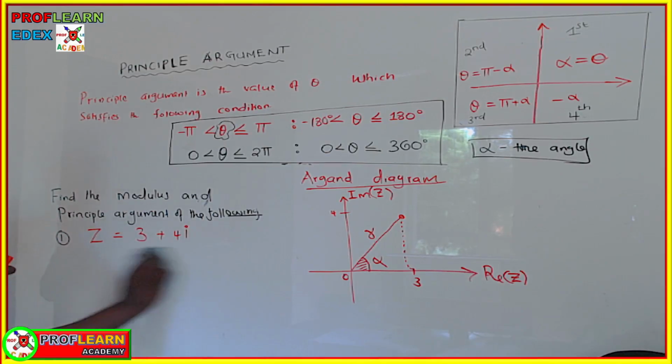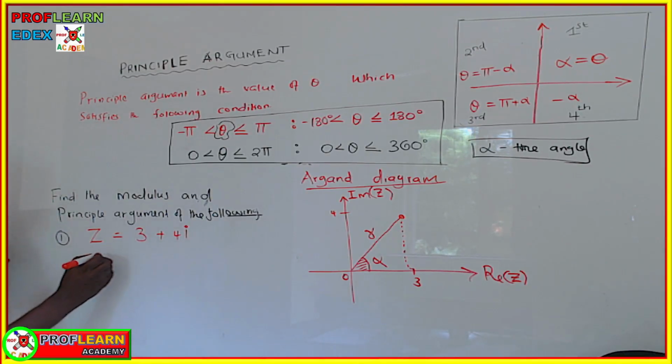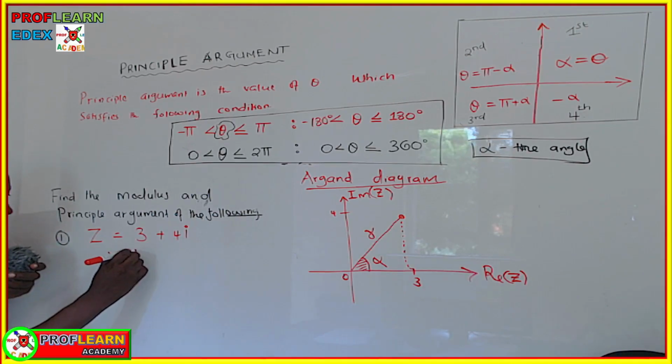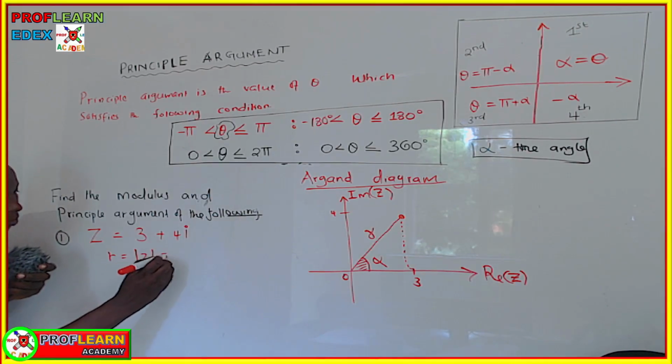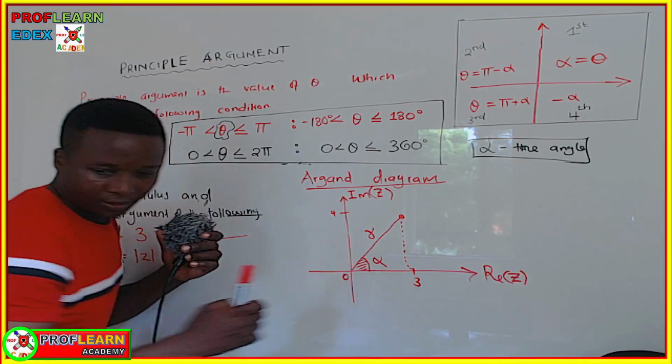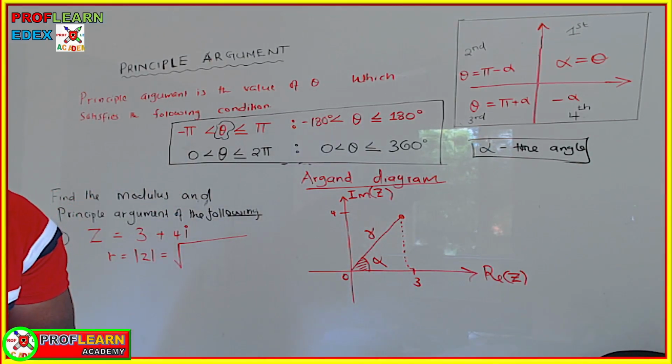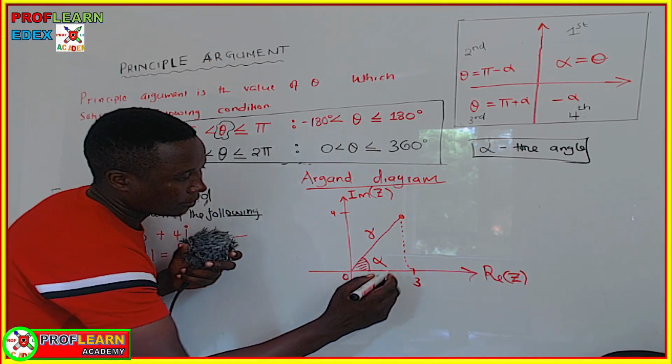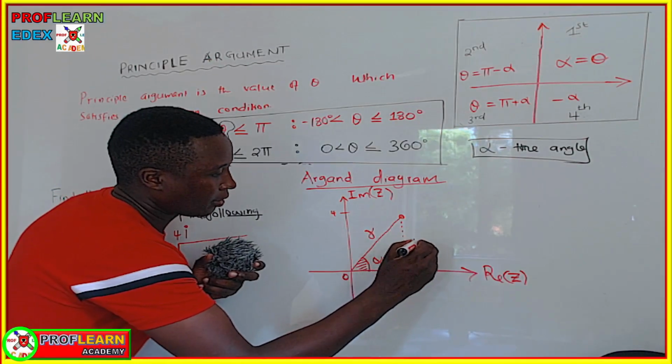So r equals the modulus of z. At this point here, you can see we have 3, and here we have 4.